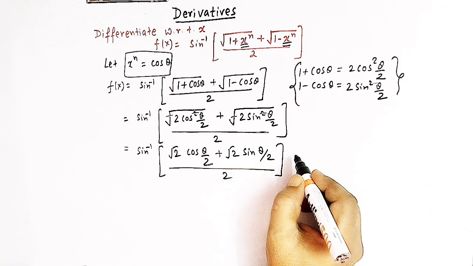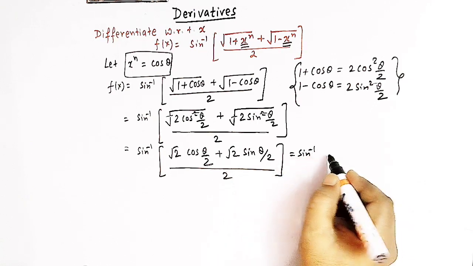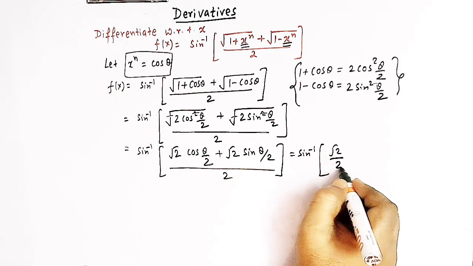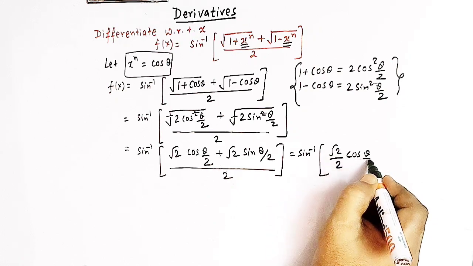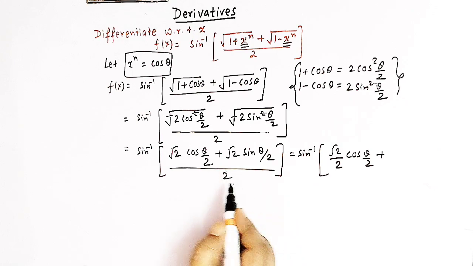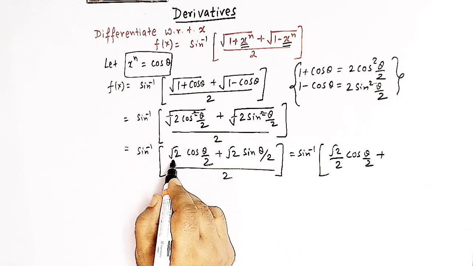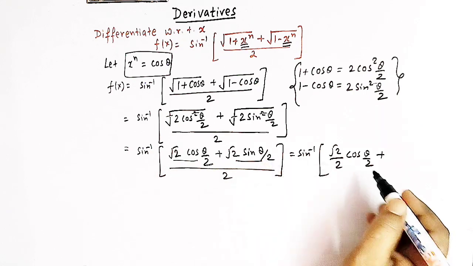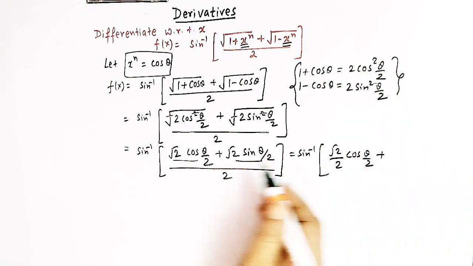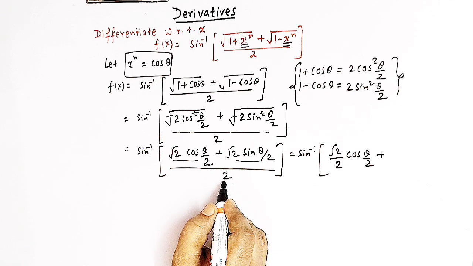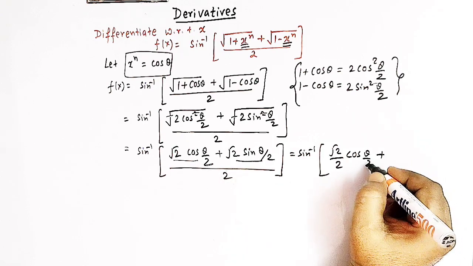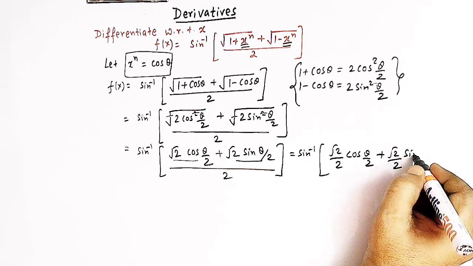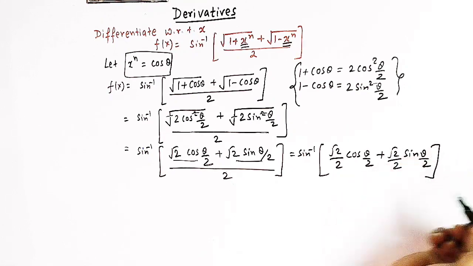Now let us take this term as square root of 2 over 2 cosine theta over 2, that is distributing this 2 over both terms so that we can write the entire term as a sum of two expressions. The first one is square root of 2 over 2 cos theta over 2, then we have square root of 2 over 2 sine theta over 2.